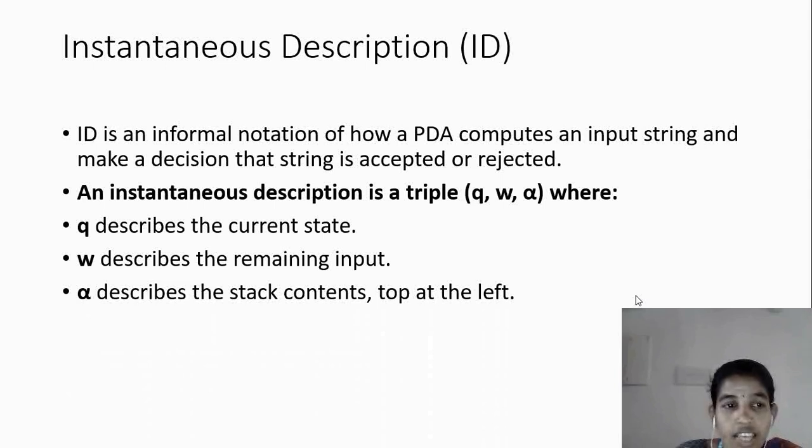These three things describe which strings are accepted or rejected and which transition to make from which state to which state: current state Q, remaining input W, and the stack symbol noted by alpha. That is known as the instantaneous description, ID.